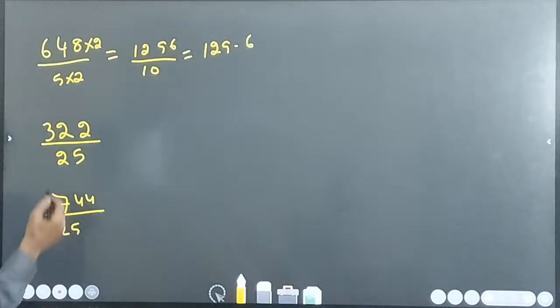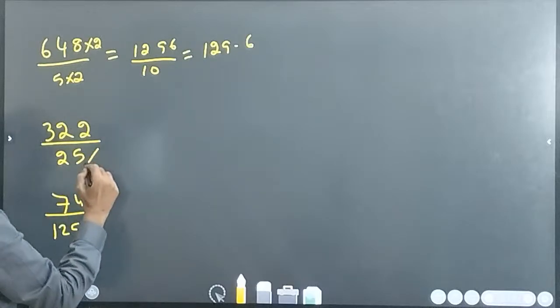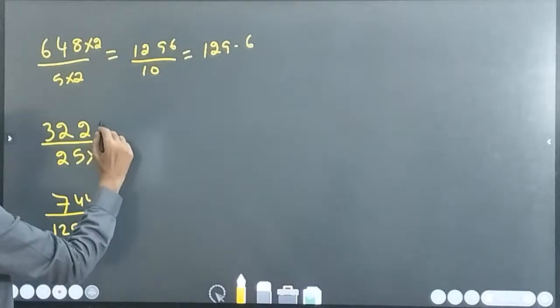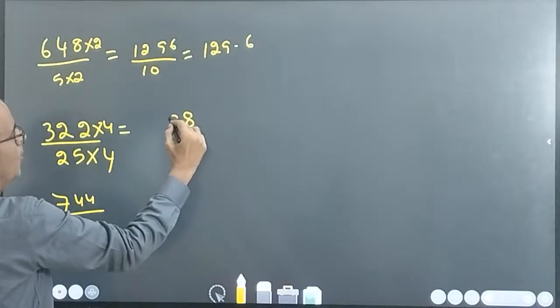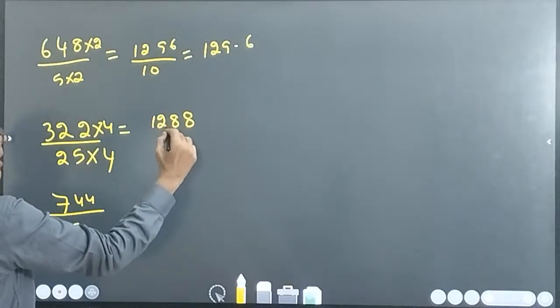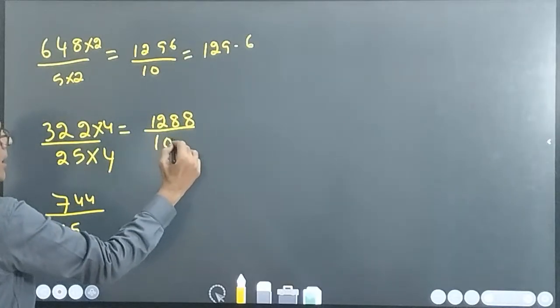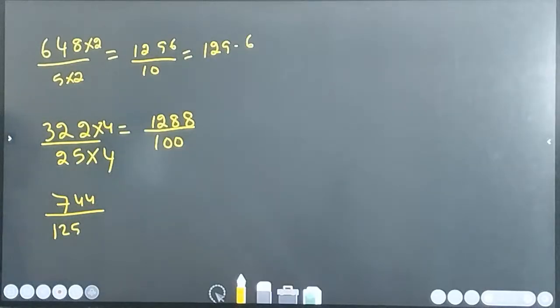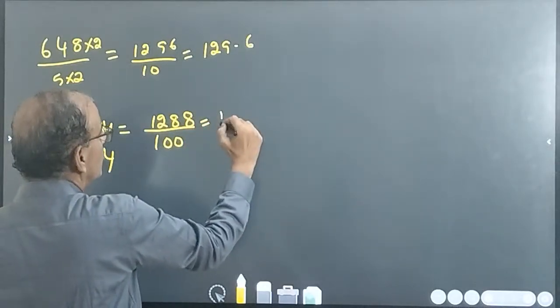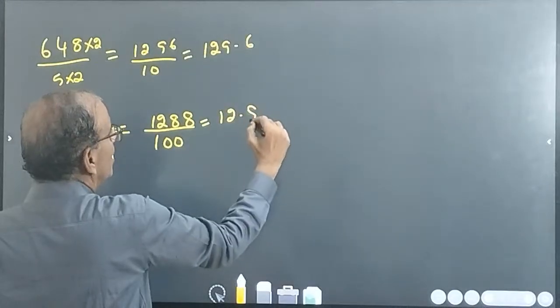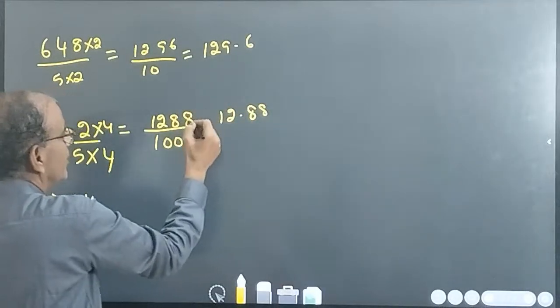Now 322 cannot be divided by 25. Multiply this by 4. This also by 4. How much it comes? 1288 divided by 100. That means what is the answer? 2 digits we have to push it. Answer comes 12.88.